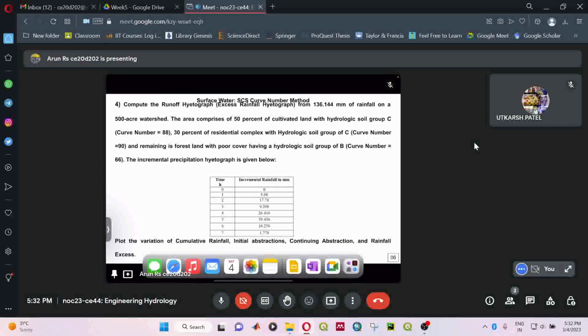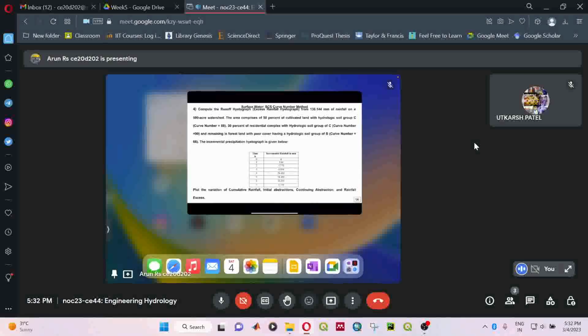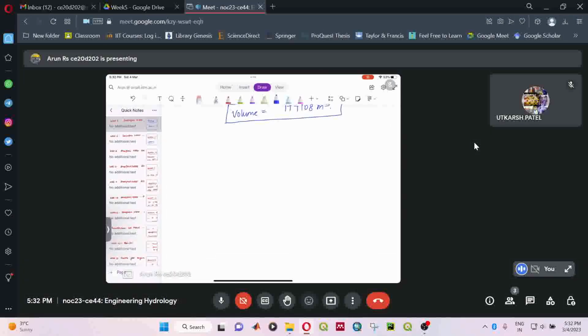So first we'll be determining the weighted curve number. Then we'll move on to finding the runoff. So we'll see how to approach this question. First we need to find the weighted curve number.